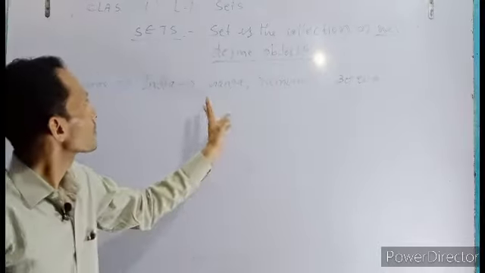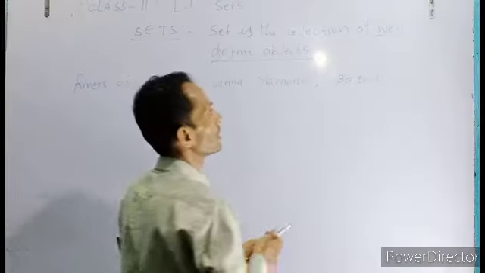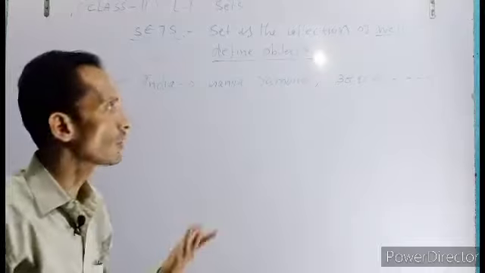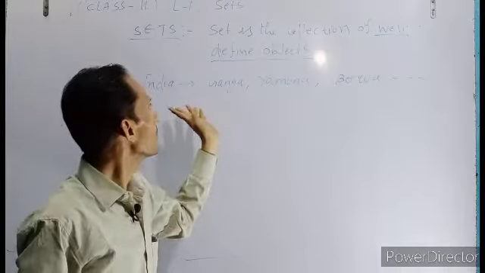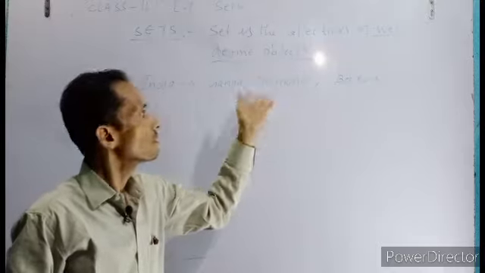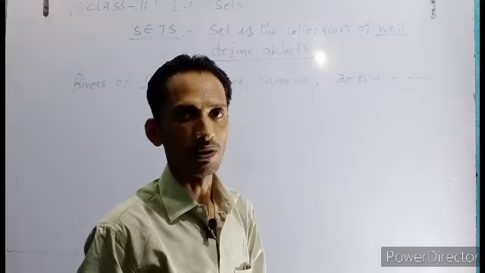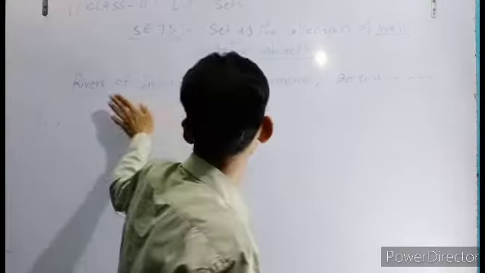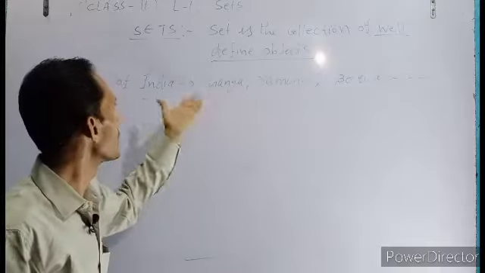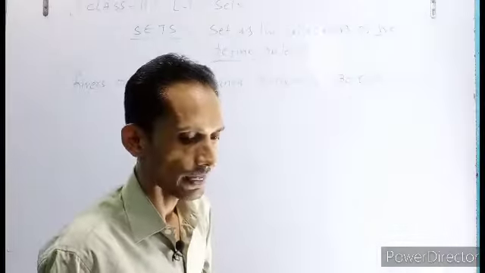If you ask any person about rivers of India, there are so many rivers in our India. So every person in India or in the world always names these rivers, not other rivers, only these rivers. So this is also a set of rivers, because views about the rivers of India may not change from person to person.